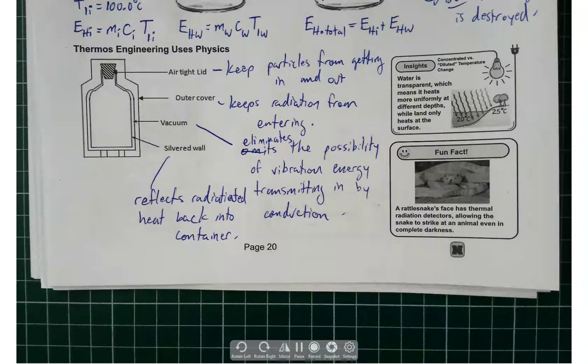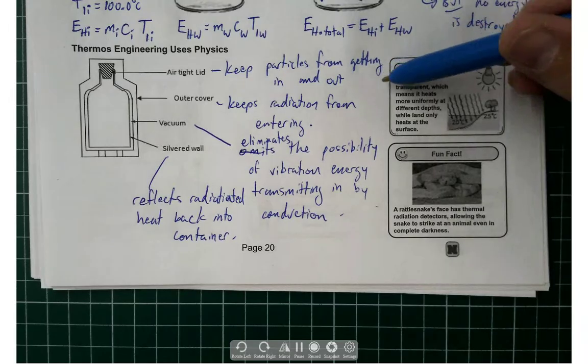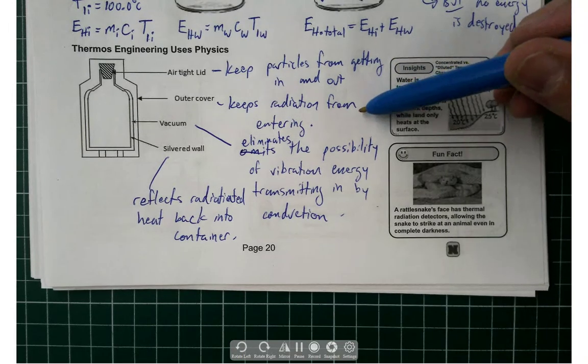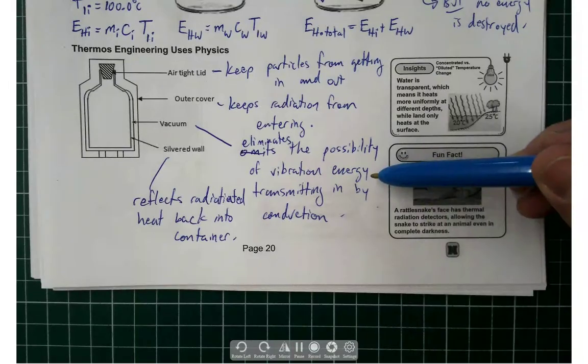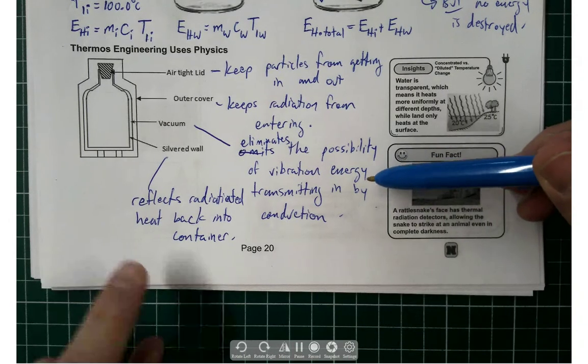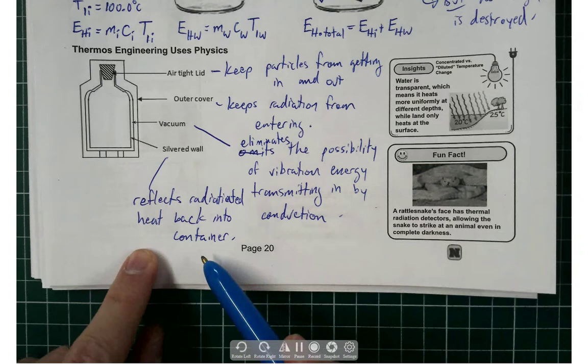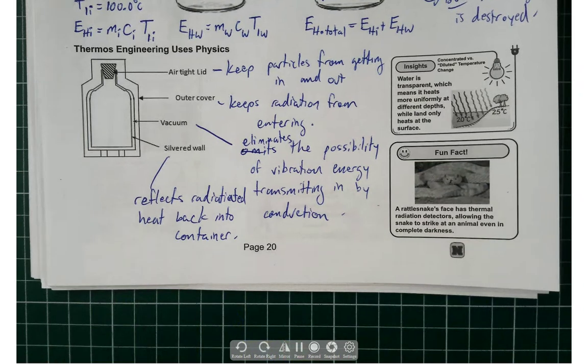Something that does all of those things. Keeps the particles from getting in and out, so it's physically closed. Keeps radiation from entering. Eliminates the possibility of vibration energy transfer, so that's like heating by conduction. And reflects radiation back into the container so that hot substances don't just radiate out their thermal energy. That would be a great thermos.